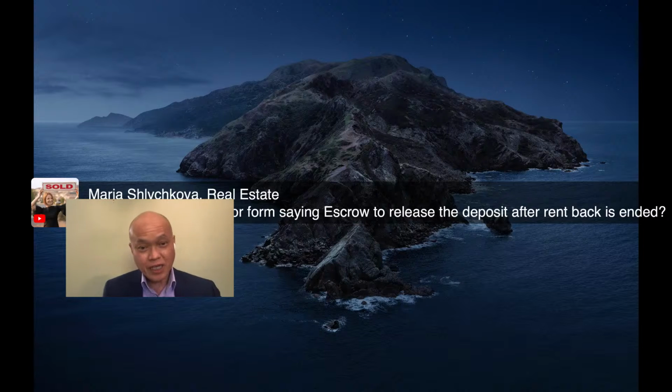For example, if the rent amount is 5,000 and the rent period is 60 days, and then the security deposit is 1 month, we're talking about 15,000. If I represent the buyer, I think it makes a lot of sense for the buyer to receive credit for 15,000. That way the escrow doesn't have to deal with that money after escrow closes.